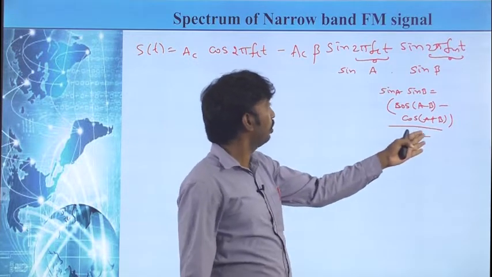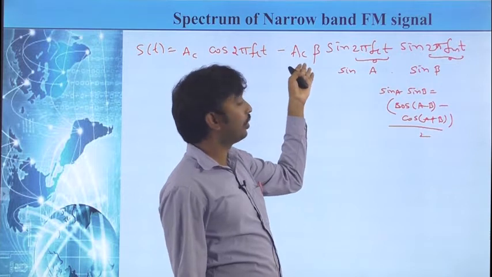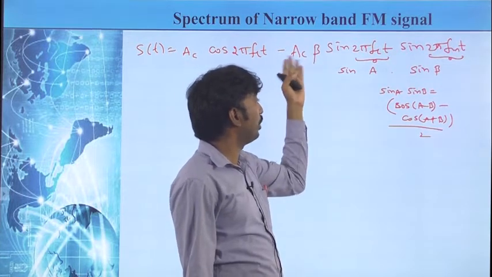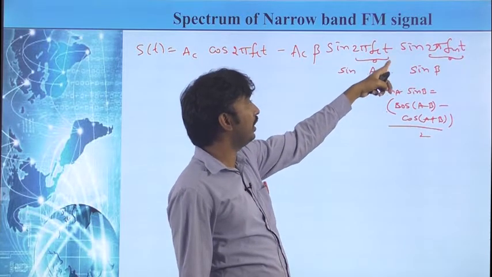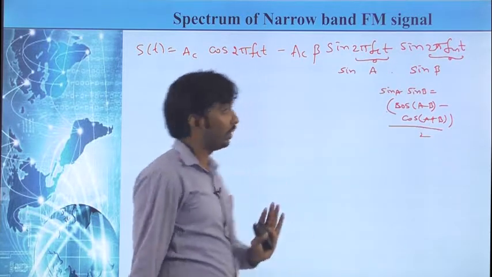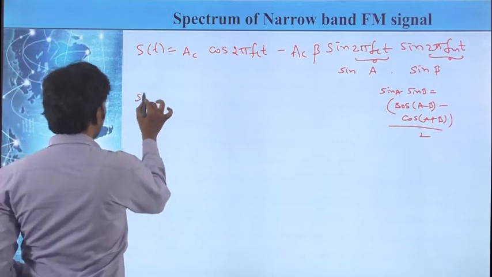This by 2 I am taking outside, that means I will write Ac beta by 2 and I will write cos of A minus B, cos of A plus B. A is nothing but 2πfct, B is nothing but 2πfmt. Now I am simplifying this expression.